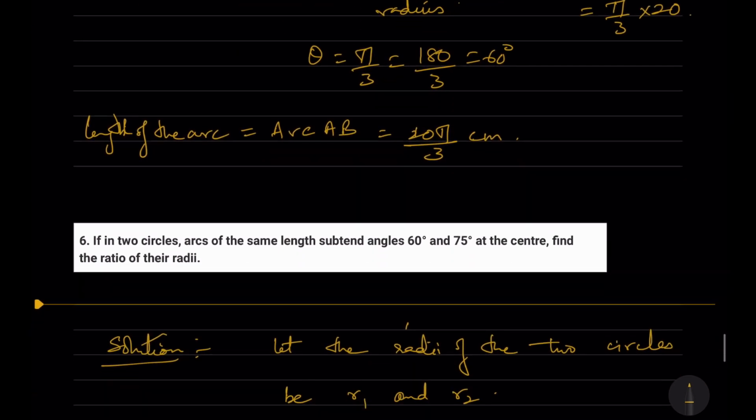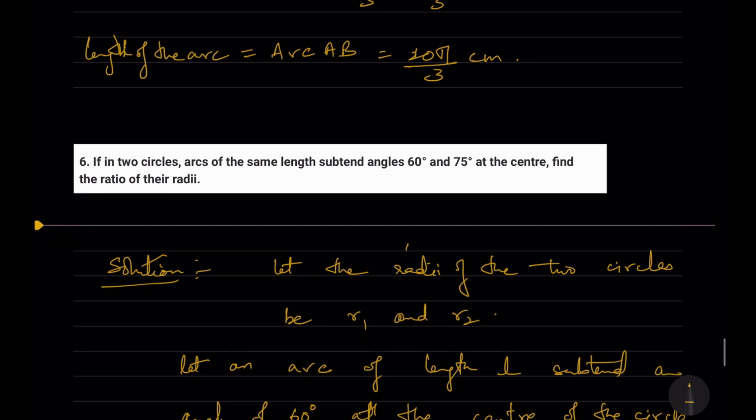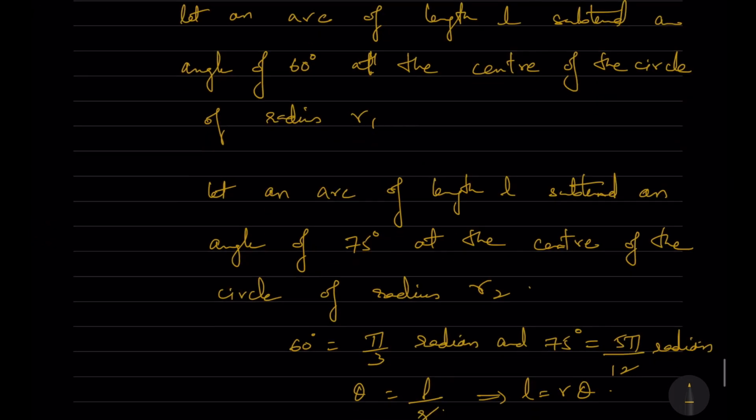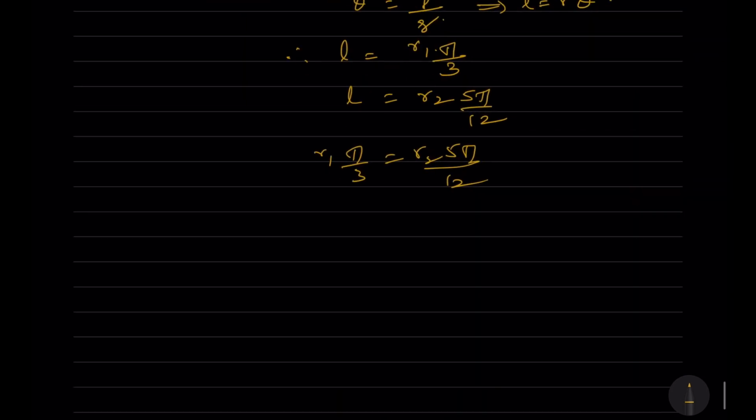Since you can see in the question here, both the arcs are of the same length, they subtend angle 60 degrees and 75 degrees at the center. So since arc length is L for both, r1 pi by 3 is equal to r2 into 5 pi by 12.